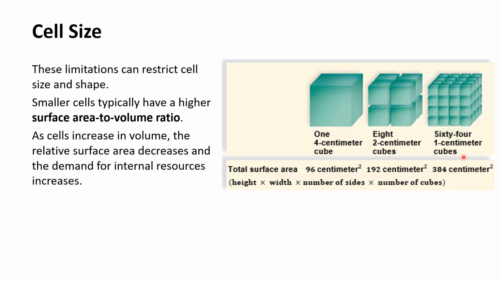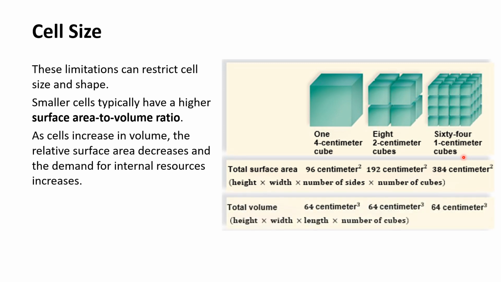Okay, so if we take a look at the surface area of the cubes, we can see that the 4 centimeter cube has an area of 96 square centimeters. Whereas if we look at the 8 2 centimeter cubes, notice we have 192 square centimeters. And finally, the 64 1 centimeter cubes, the surface area is 384.